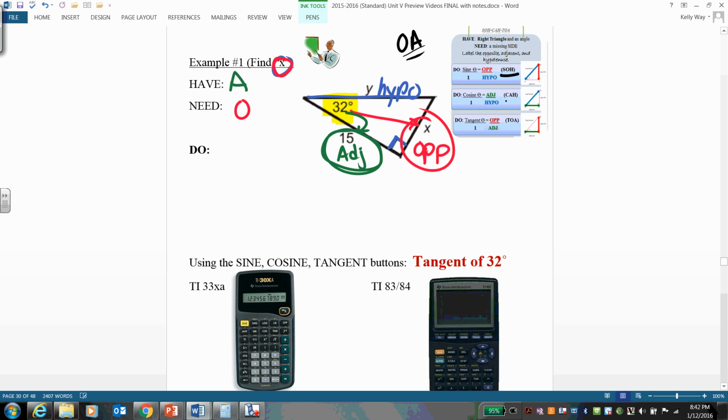Sine, cosine, tangent. Oh, OA, OA goes with TOA, TOA. So we're going to copy exactly that ratio down exactly as you see it. Tangent of theta over 1 equals opposite over adjacent. And it's always going to be opposite over adjacent. Never flip that. Copy it exactly as you see it.